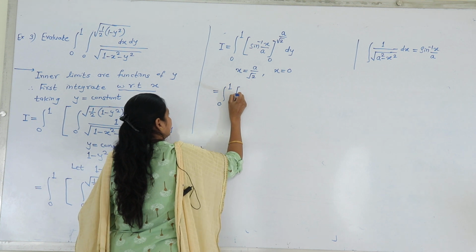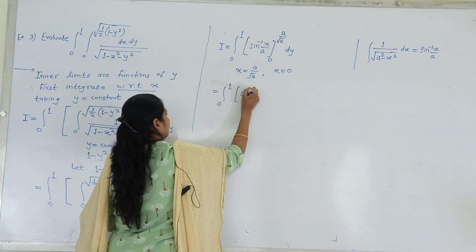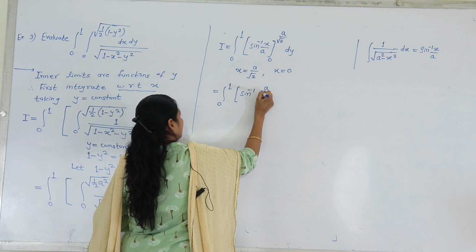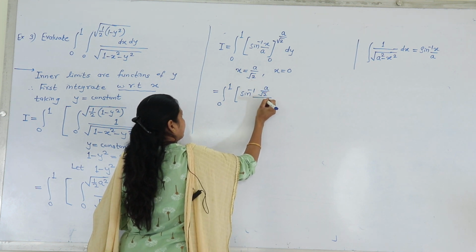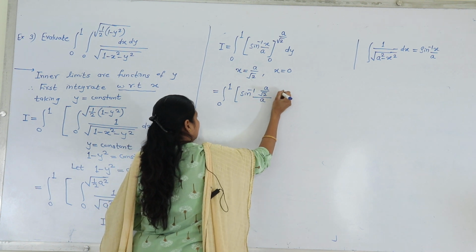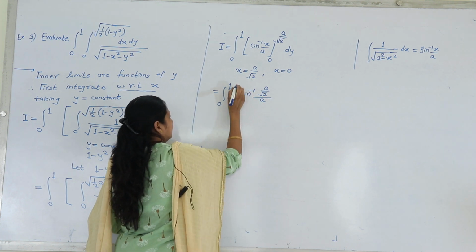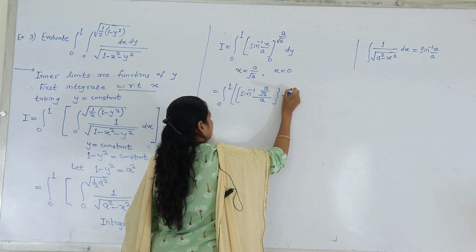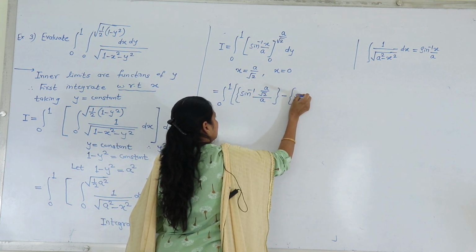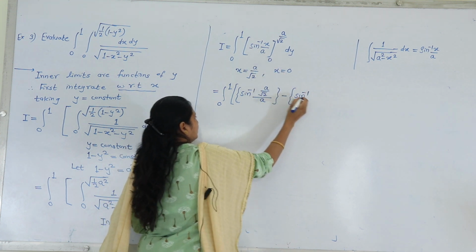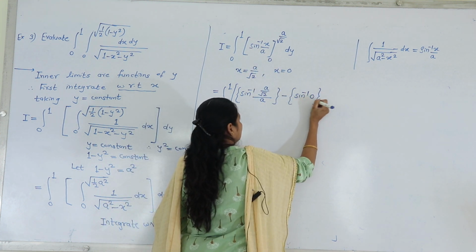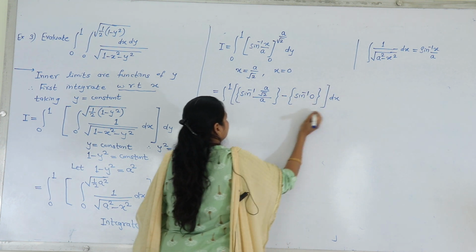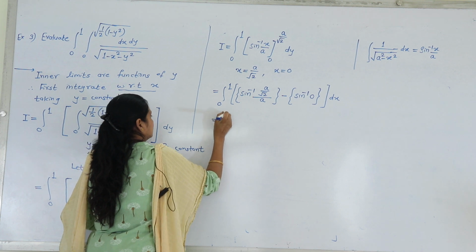Sine inverse of x is a by root 2, a by root 2 upon a, upper limit, minus lower limit, sine inverse x value is 0, 0 upon a is 0, dy, 0 to 1.